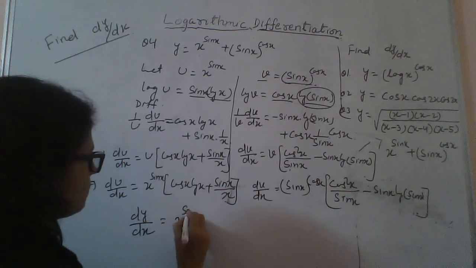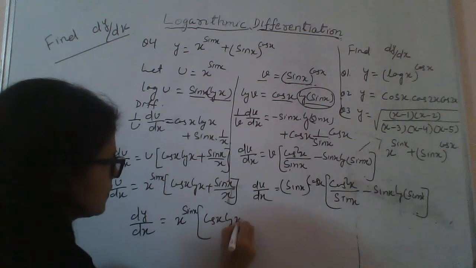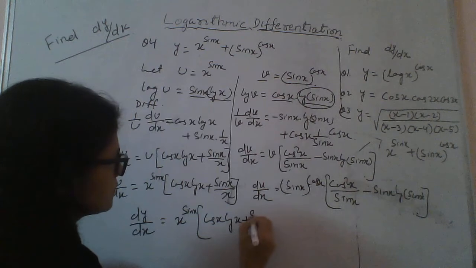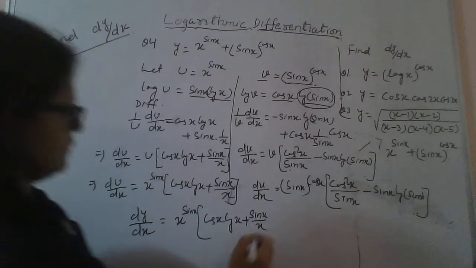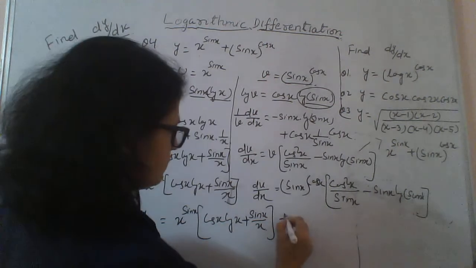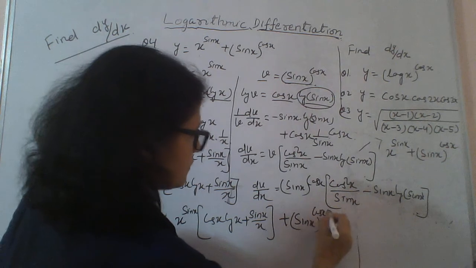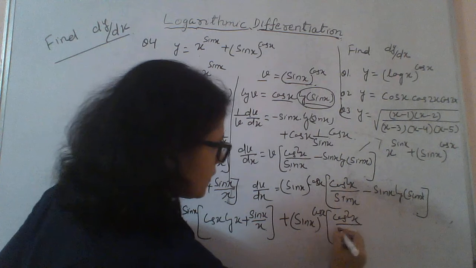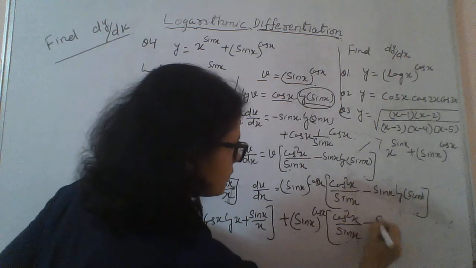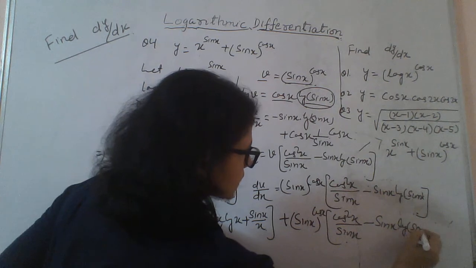So x to the power sin x into cos x log x plus sin x by x, plus sin x power cos x into cos square x by sin x minus sin x into log sin x.